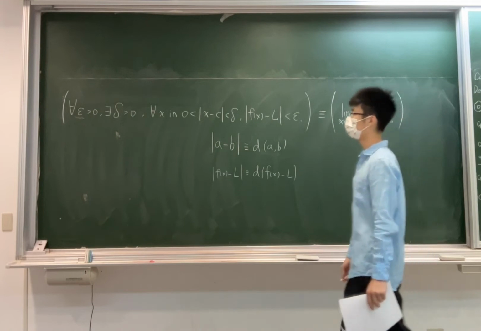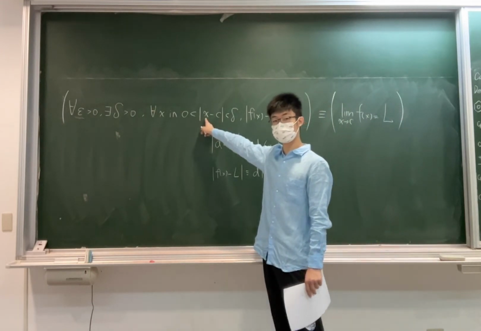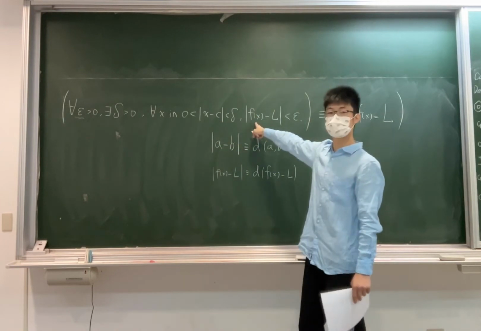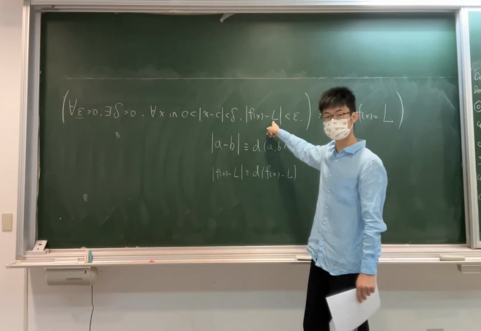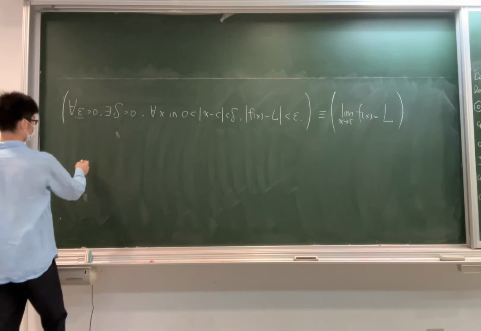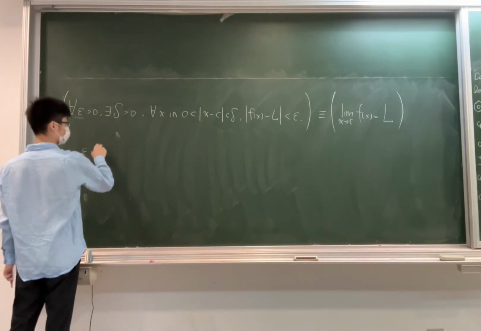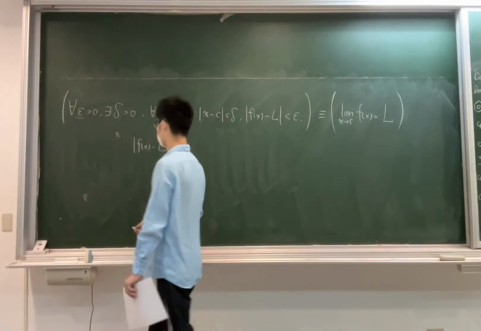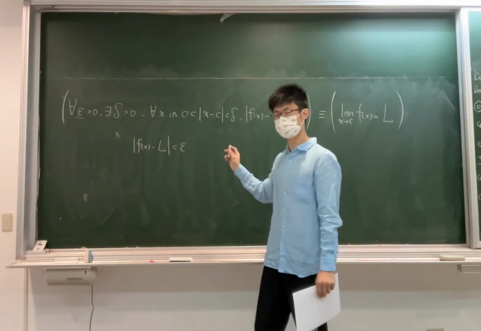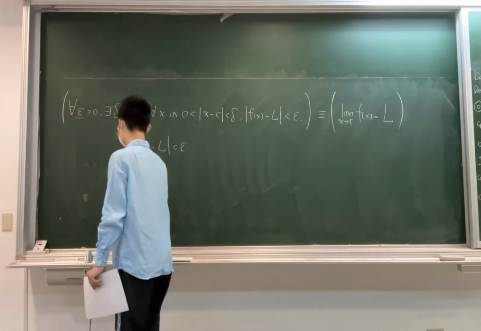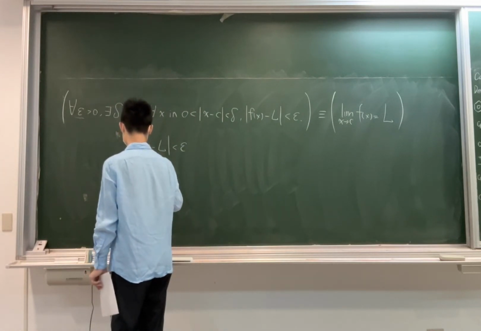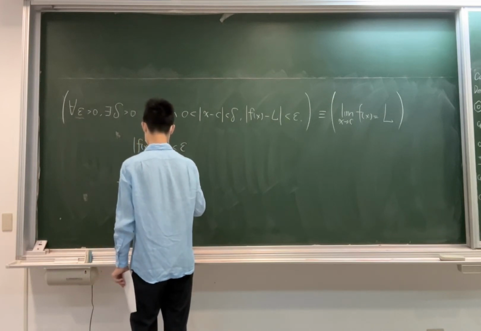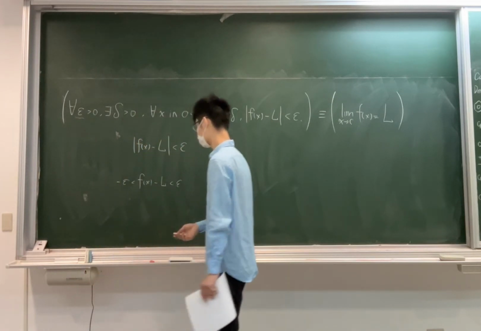And you have to note that this is a variable, this is a constant. This is a function, and this is a constant. You have to say that epsilon is greater than the absolute value of f minus L. And you can decompose the absolute value. So we have minus epsilon less than f of x minus L, and less than epsilon, right?